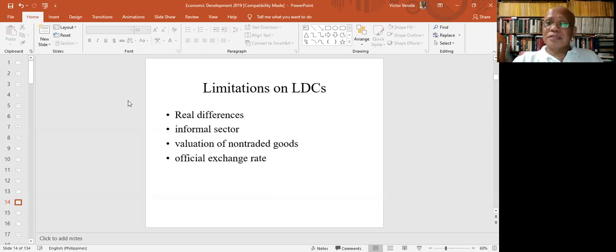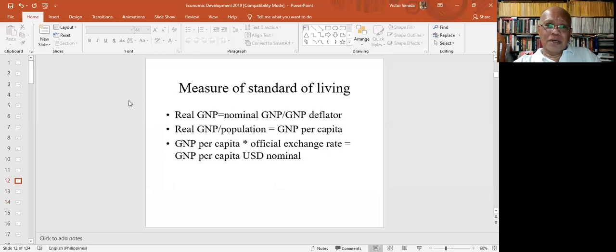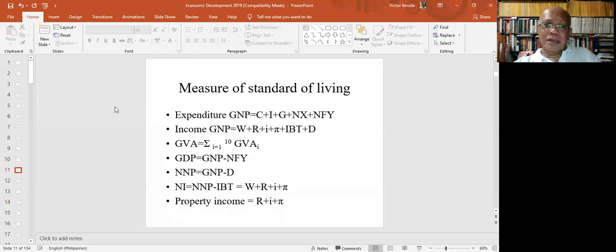Then there's the informal sector. The informal sector is a characteristic of developing countries. This is the sector that is not integrated with the rest of the economy. When you're talking here of the GNP, data on GNP and household expenditures are usually obtained from business firms, okay?